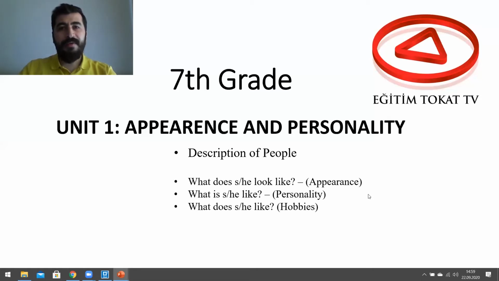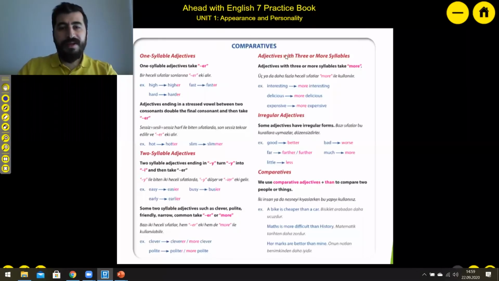And today we will learn comparatives. What is comparatives? Let's see more about it. Comparatives, we compare two things or many things with adjectives. We have one-syllable adjectives, or we have adjectives with 3 or more syllables. One-syllable adjectives, what's that? High, hard, fast, big, small.